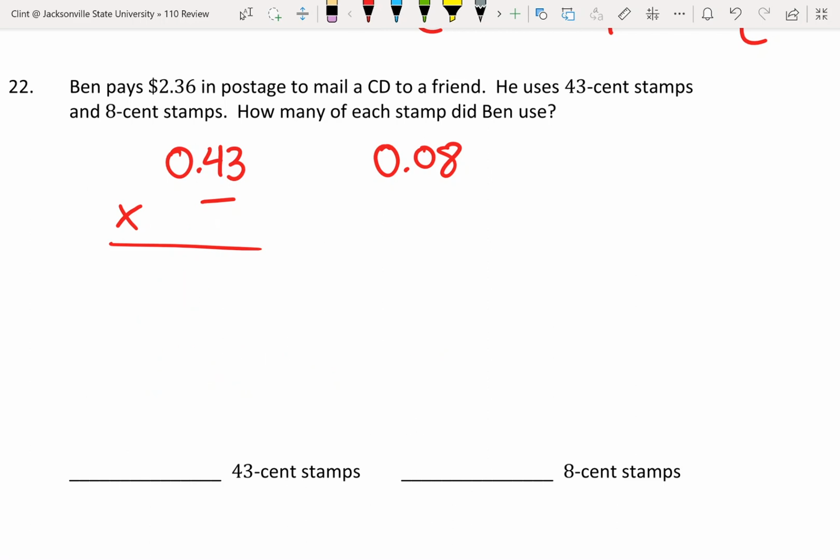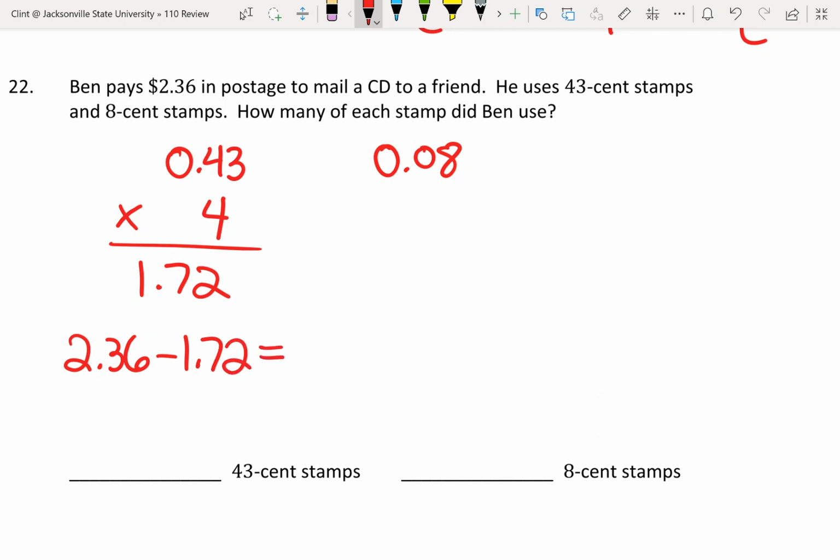Okay, so let's try going down. What if we used 4 of the big stamps? 4 times 0.43 gives me $1.72. Then I'll do my total minus $1.72 and see what I get left. That leaves me with 64 cents.